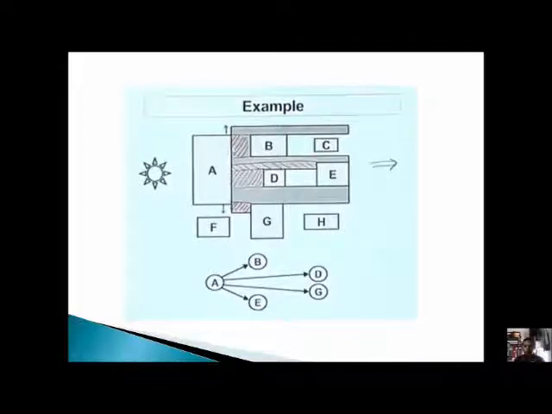We know how much space there is between A and B. And here from A to E, we know what space these two have, so we can easily reduce when we want to reduce, or we can keep a minimum space.